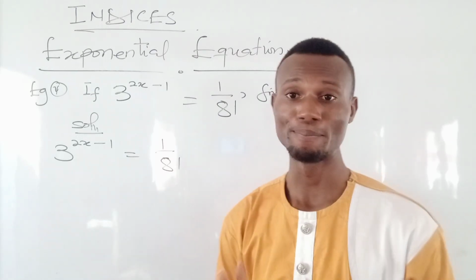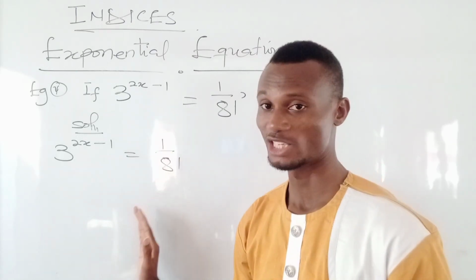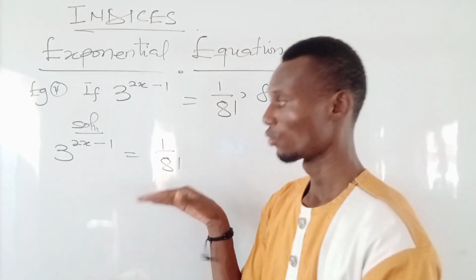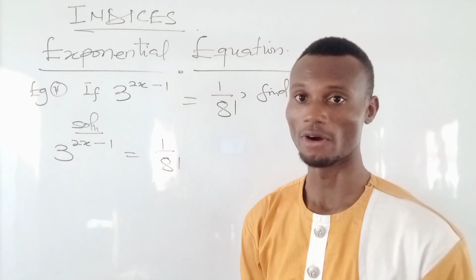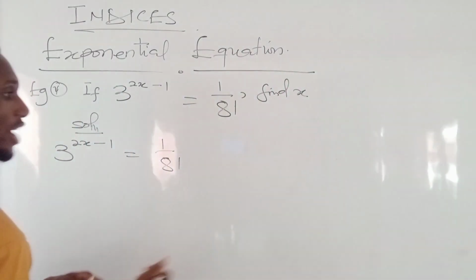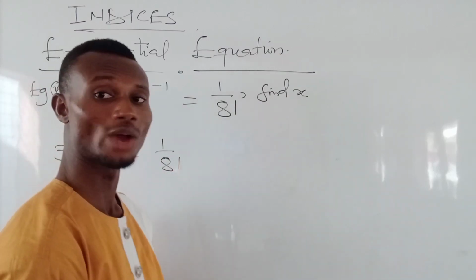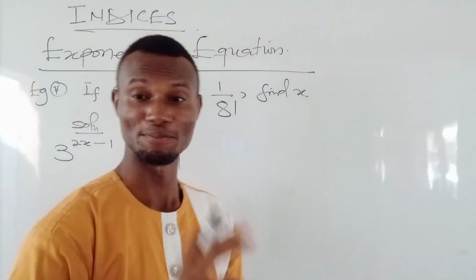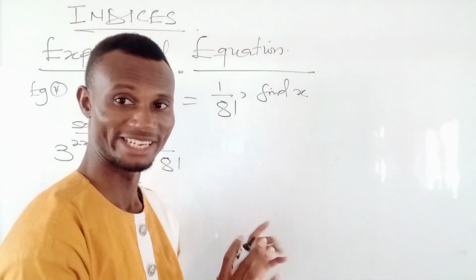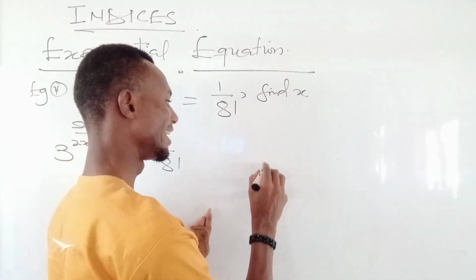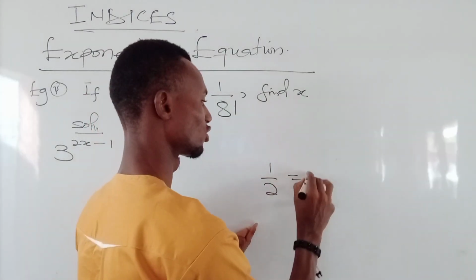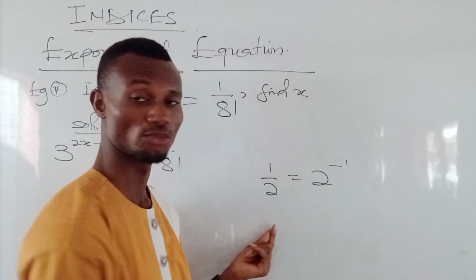The best way is that this 1 over 81, we are going to write it in another form so that going ahead it will become simple for us to solve. Let me explain it to you. I've explained this in the previous videos. When you have, let's say, 1 over 2, you can also write it as 2 to the power negative 1.